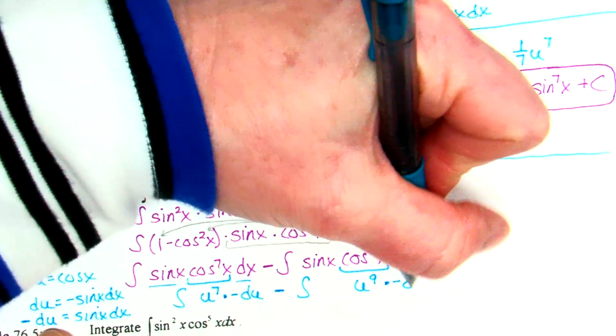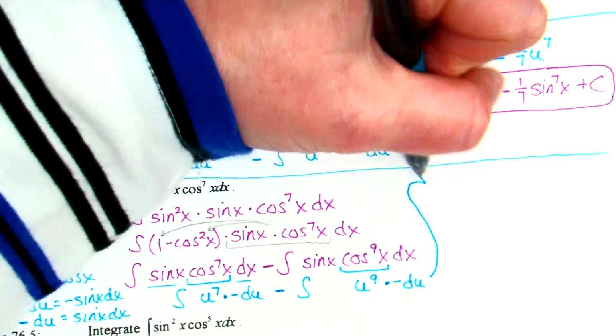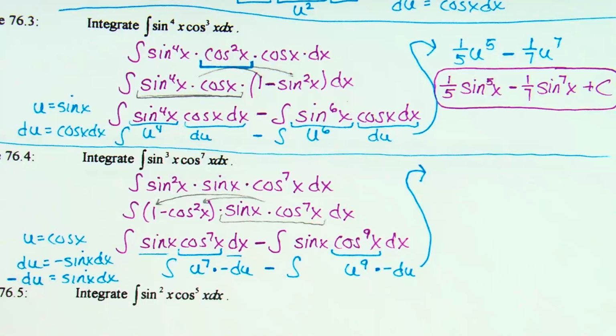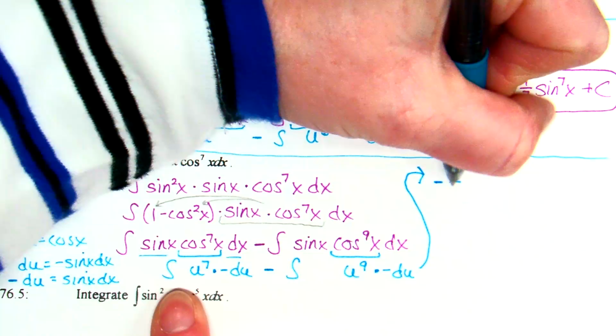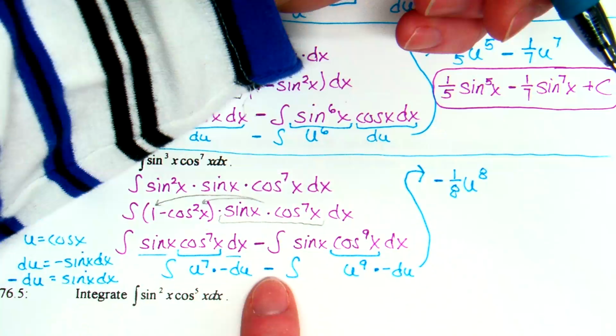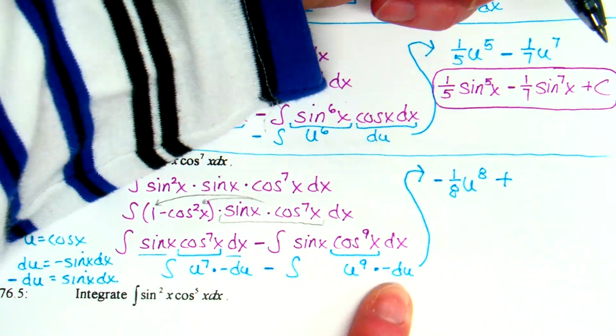Okay. So, you're integrating, it says u to the 7th. Really, we need to think of it as negative u to the 7th. What's the integral of negative u to the 7th? Negative u to the 8th over 8. Now in this next one, it's minus, and there's a negative in there, so I'm going to turn it into a plus. You're integrating u to the 9th. 1/10 u to the 10th.